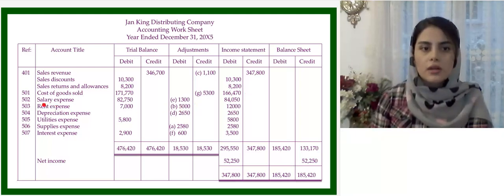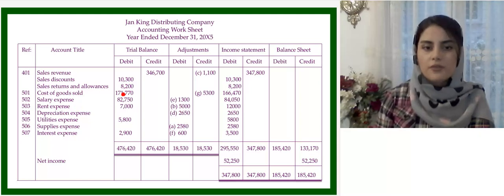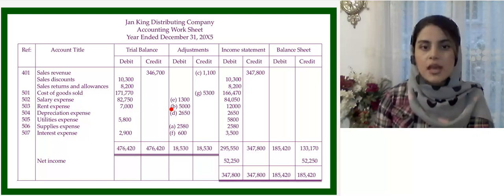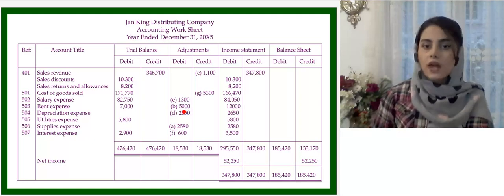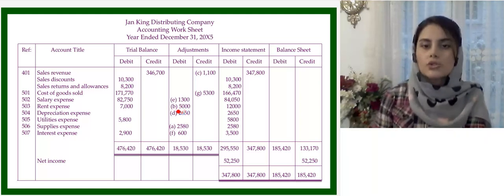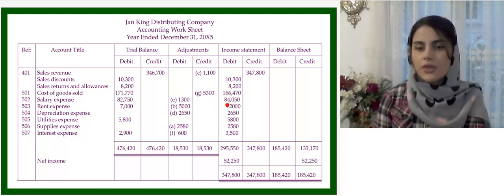And for example, for rent expense, we have $7,000, which is debited, and the adjustment is debited for $5,000. So you should add these two amounts, and we have $12,000 in the income statement.